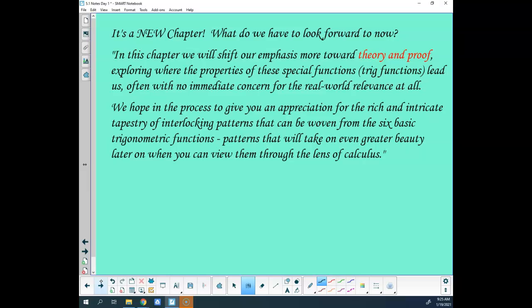Now, one thing that I will tell you is at some point during the first semester, you should have gotten this pink cardstock sheet of formulas. If you have that with you today, it would be very beneficial to have it out at all times in this unit.